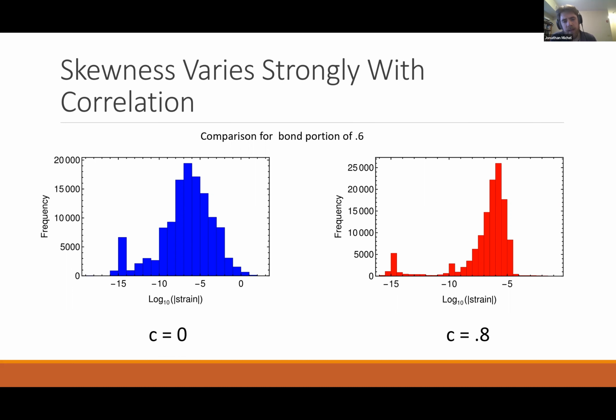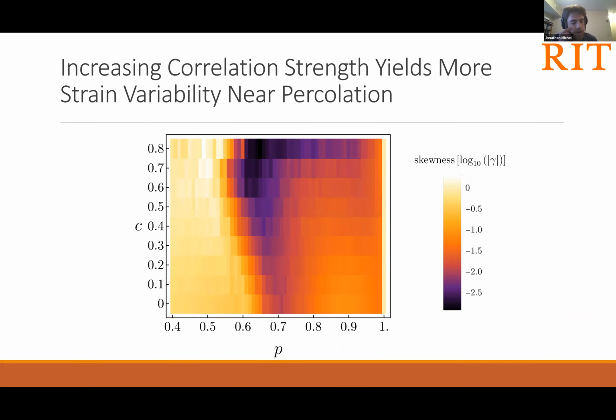As these distributions become more skew, we hypothesize that it becomes more and more likely that certain of the bonds in the network will become overstrained and snap, leading to crack nucleation.